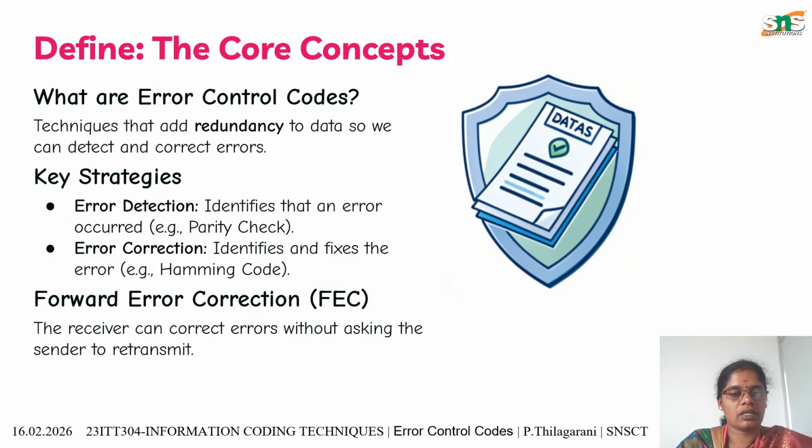Error correction identifies and fixes the error, for example, Hamming code. Here, parity check is the safety number. We add the number for checking the correct value. Then forward error correction, that is FEC. The receiver can correct errors without asking the sender to retransmit.